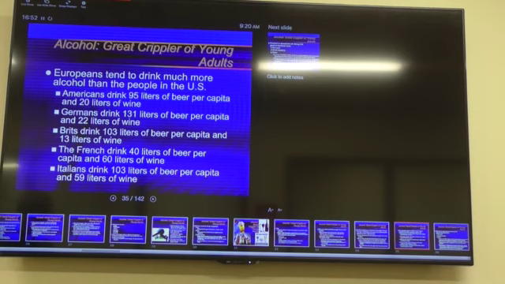Europeans tend to drink much more alcohol than the people in the United States. Americans drank 95 liters of beer per capita and 20 liters of wine last year. Germans drink 131 liters of beer per capita and 22 liters of wine. Brits drink 103 liters of beer per capita and 13 liters of wine. The French drink 40 liters of beer per capita and 60 liters of wine.